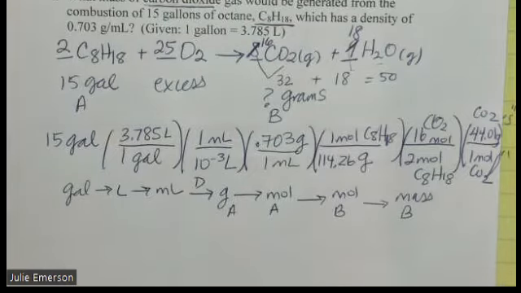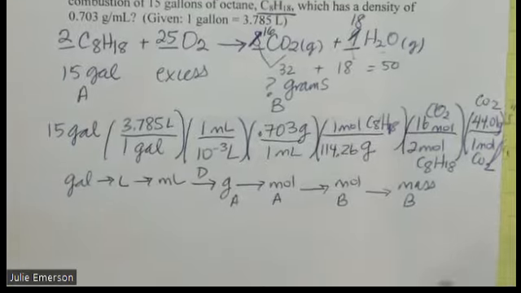All right, so 15 times 3.785 divided by 1 times 10 to the negative third times 0.703, and then divide that by 114.26, then times 16 divided by 2, and then multiply by the molar mass of carbon dioxide, which is 44.01.